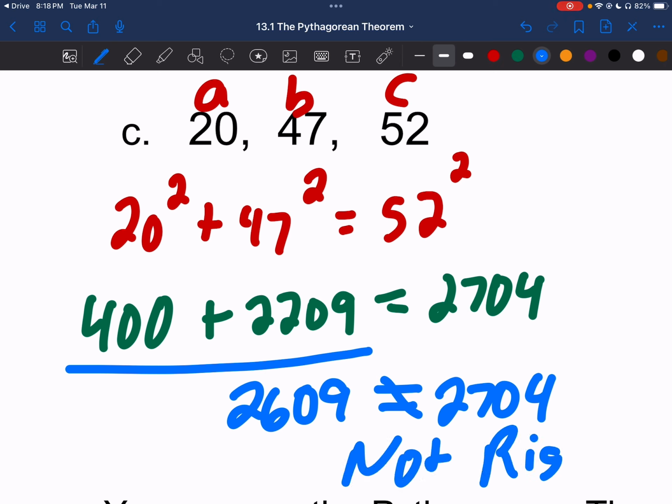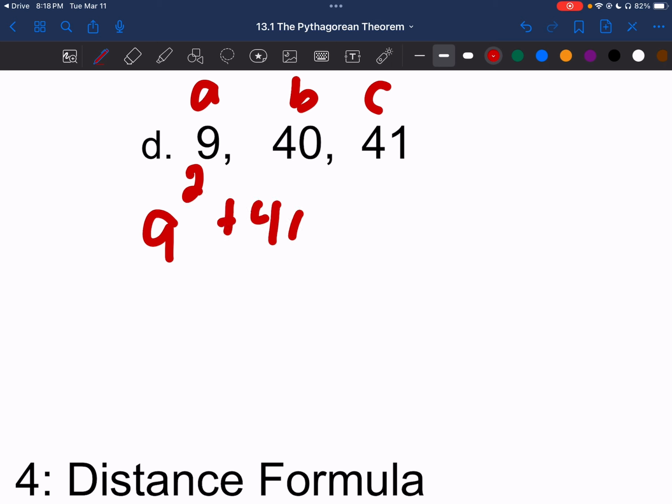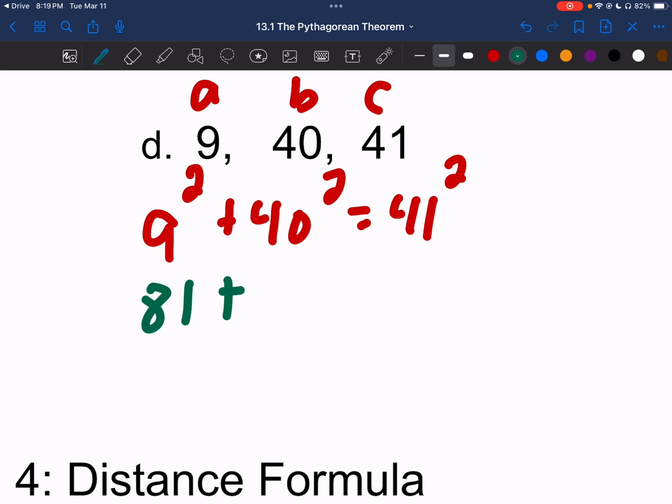Okay. Now, if we look at letter D, again, we're going to label A, B, and C values. And for letter D, 9 squared plus 40 squared equals 41 squared. 9 squared is 81. 40 squared is 1600. 41 squared is 1681.